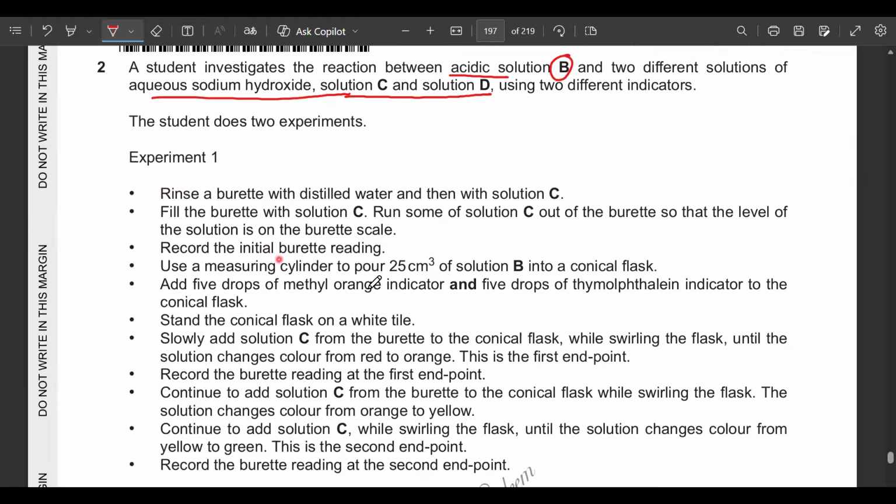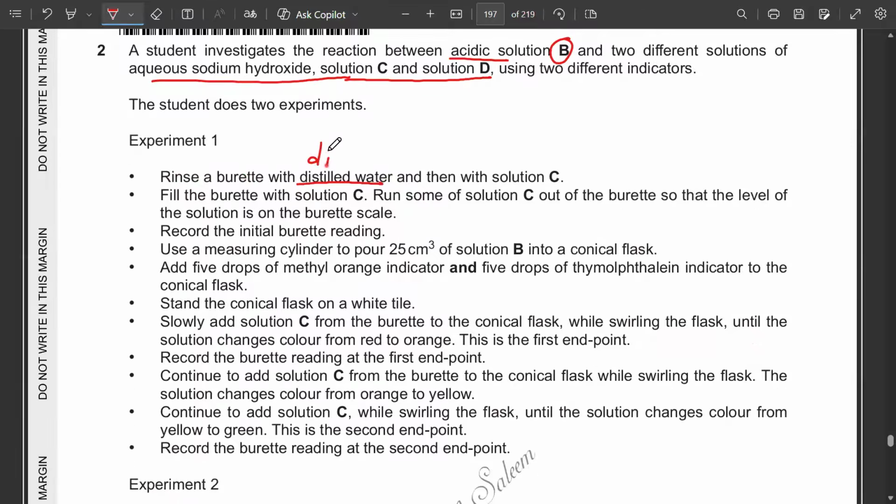According to this, we see that the burette is rinsed with solution C before carrying out the titration reaction. We can see here in the first point, rinse the burette with distilled water. First, you will rinse the burette with distilled water, then discard it, and then pour solution C into the burette.